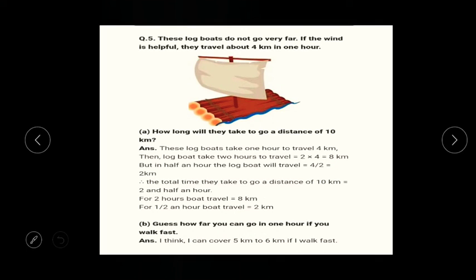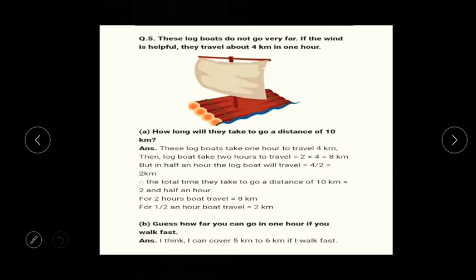The next important question is, if the log boats can travel 4 km in 1 hour, how long will they take to go a distance of 10 km? They are asking in how much time the log boat can travel a distance of 10 km.